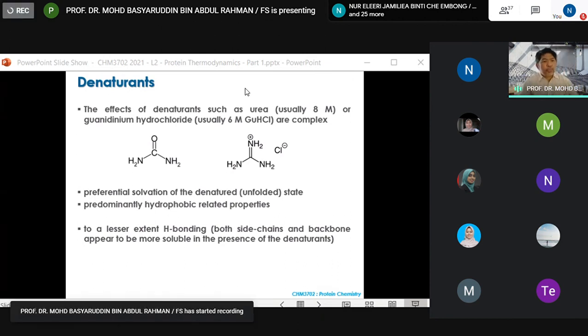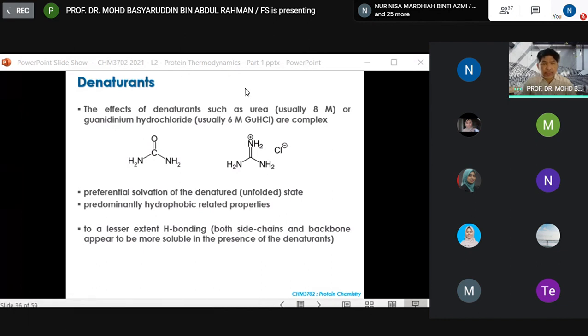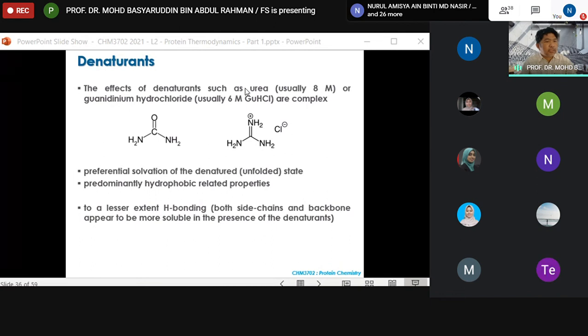Proteins are denatured by treatment with alkaline or acid. We can also use oxidizing or reducing agents and certain organic solvents as well. So these are all what we call denaturants.